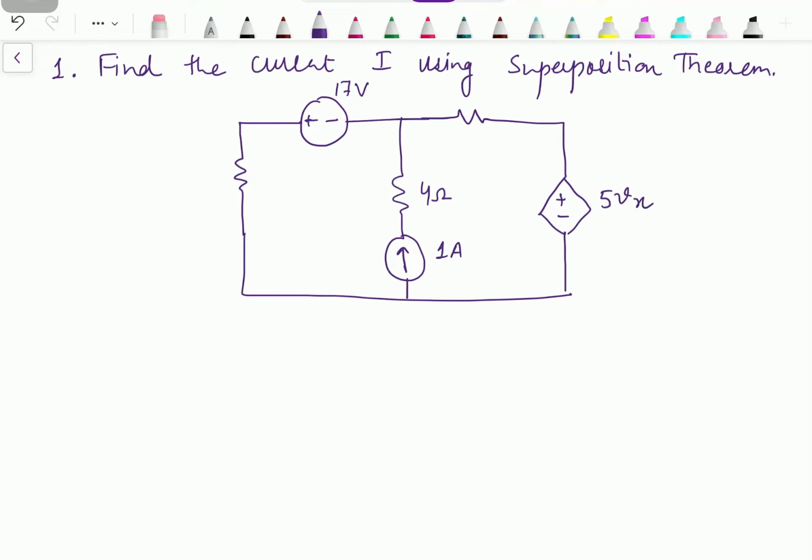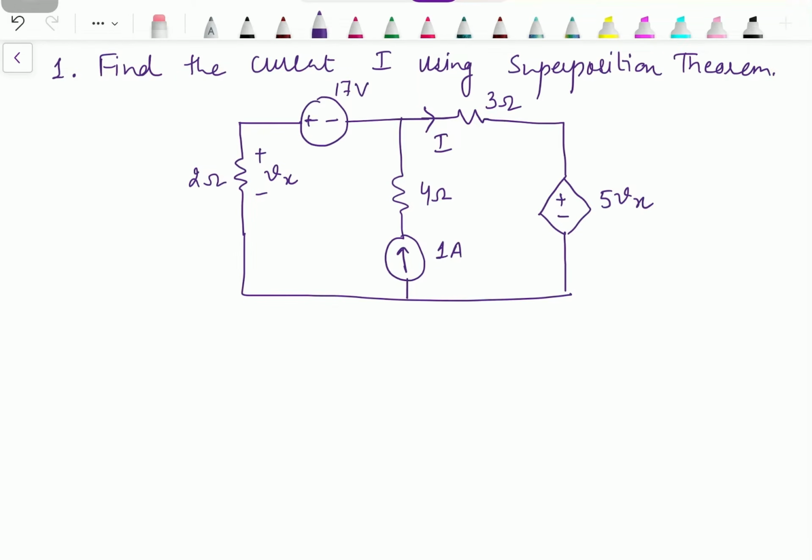It is supplying voltage 5 times Vx. So this is a voltage dependent voltage source, and Vx is the voltage, whose polarity is given, across the 2 ohm resistance. This resistance is of 3 ohms. I is the current through this 3 ohm resistance. So everything is given in the problem. We have to find out the current I.